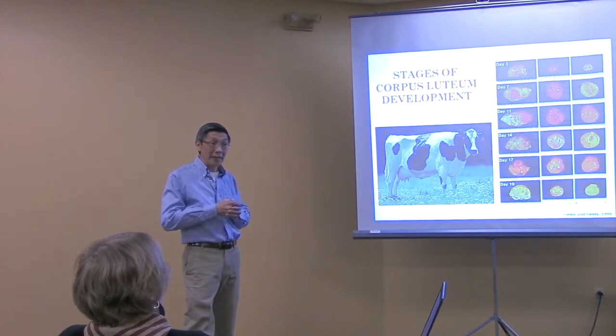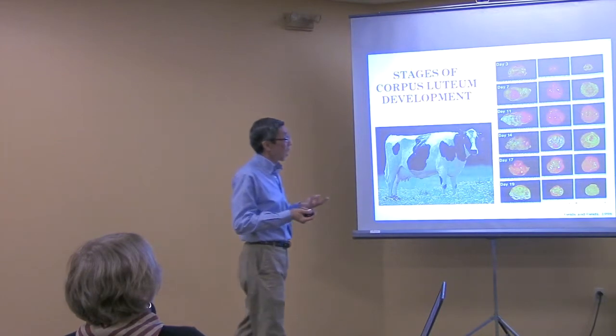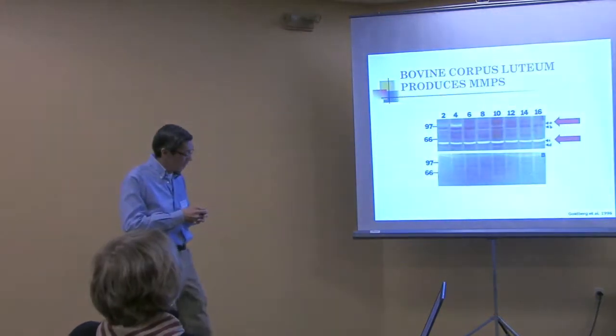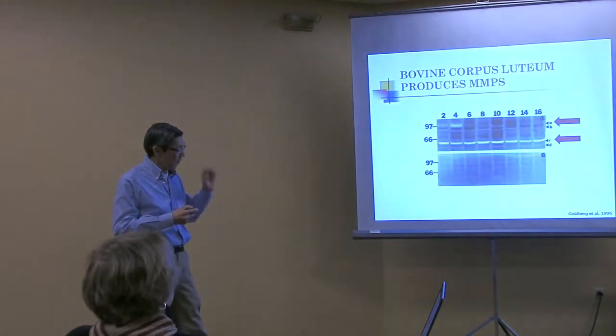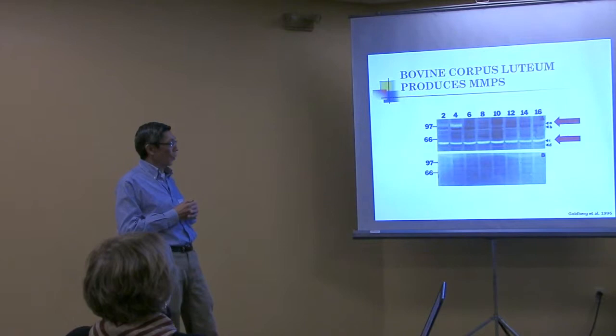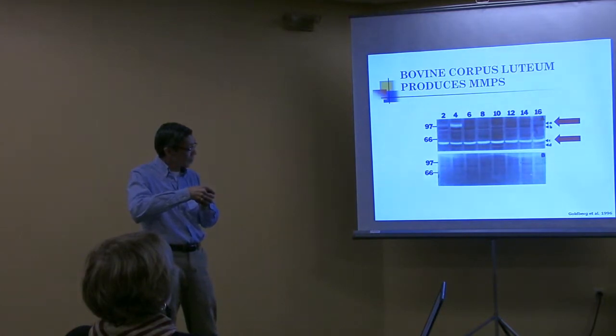We can get different ages of corpora lutea and see at what age these enzymes are made. And so this was a study that started us off. It was a while ago. And so what we ended up doing was to collect corpora lutea that were 2 days old, 4 days old, therefore collecting them every other day until they were 16 days old.